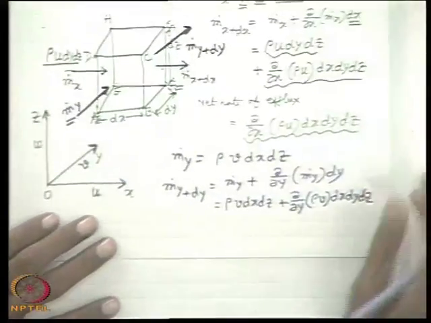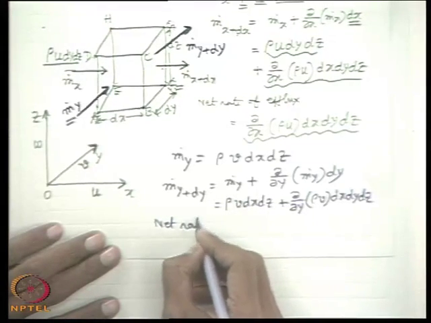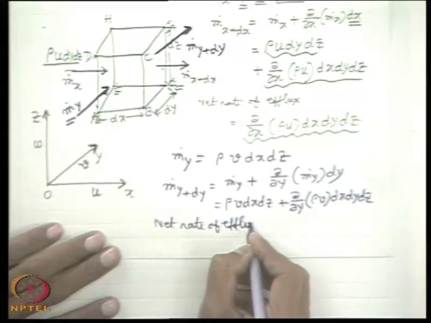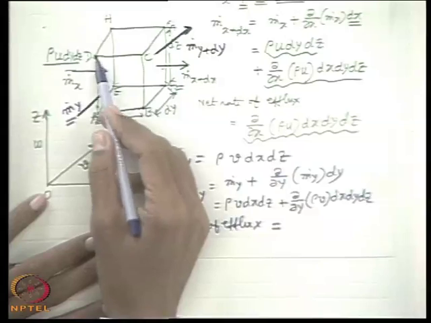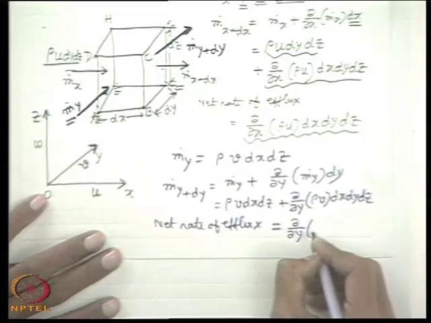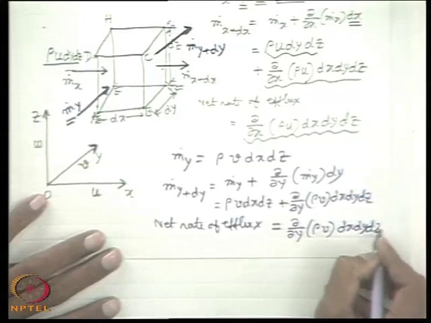Therefore, the net rate of efflux from the control volume due to the fluxes parallel to the y planes is equal to del y of rho v dx dy dz.